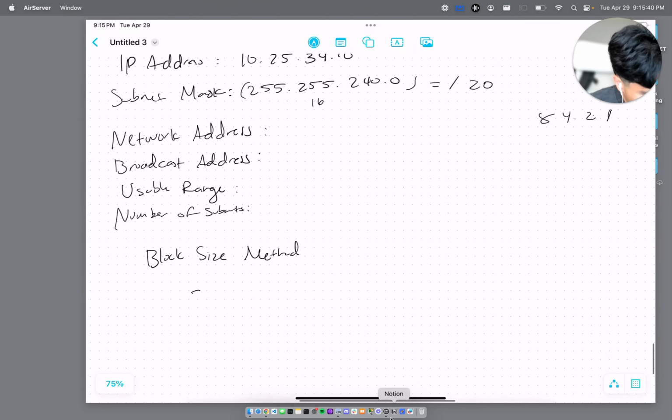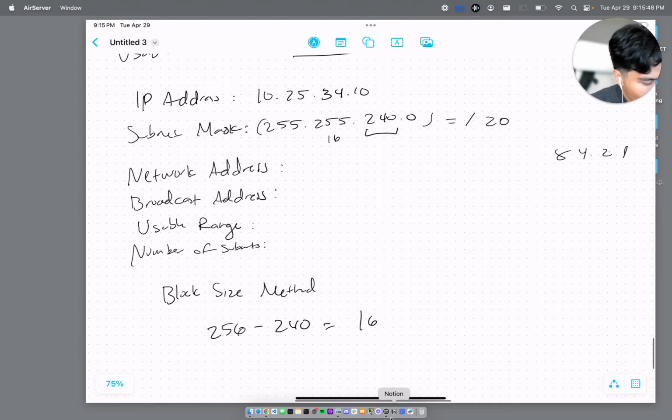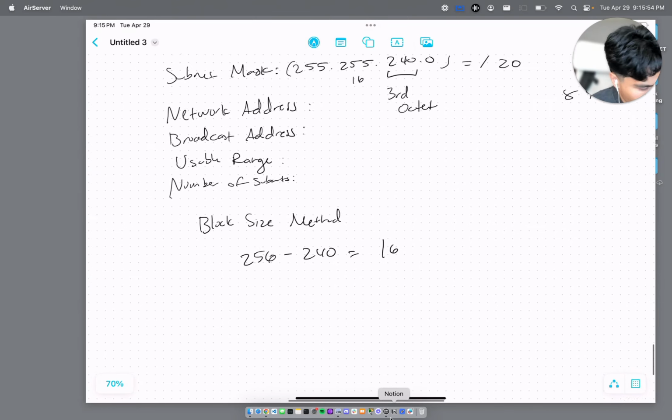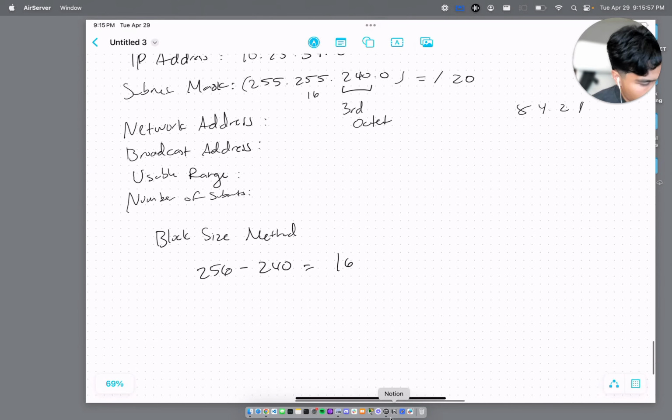So 256 minus the interesting octet, which is 240. We're working in the third octet, right? So we're going to be jumping by 16.